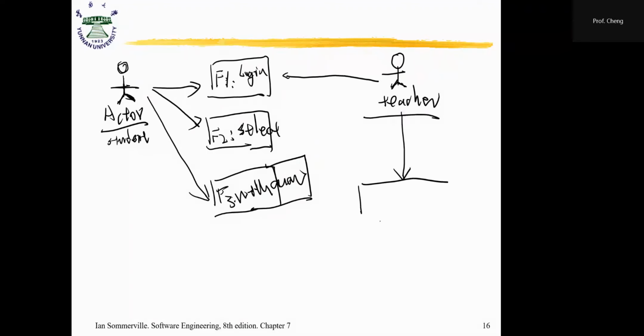Teacher can, like F4, take course. Not the course, actually take class, right? In the database course, remember, course is a static entity. When course becomes a class, one course can have many classes, right?